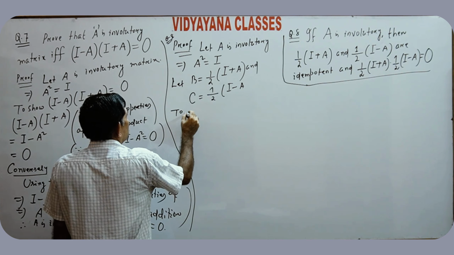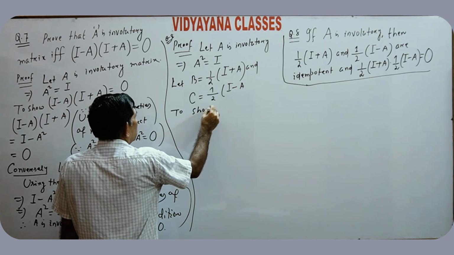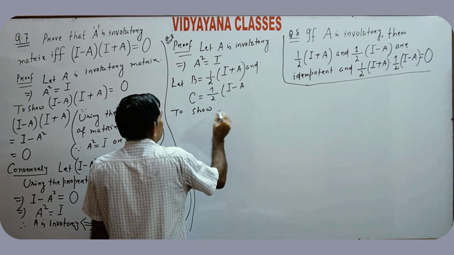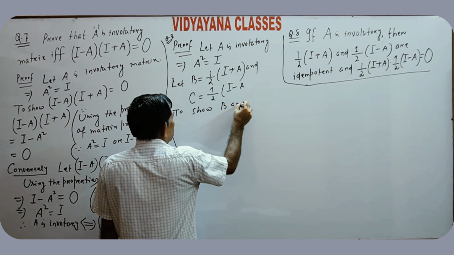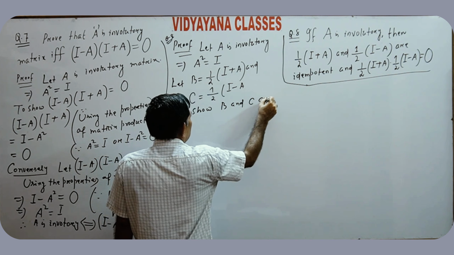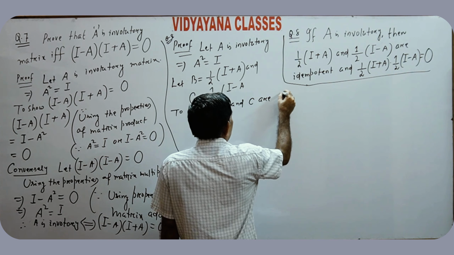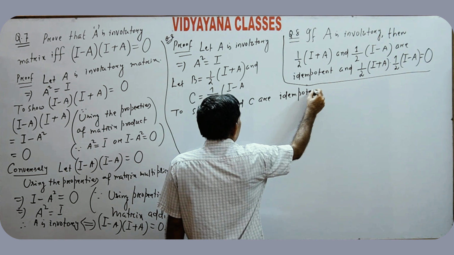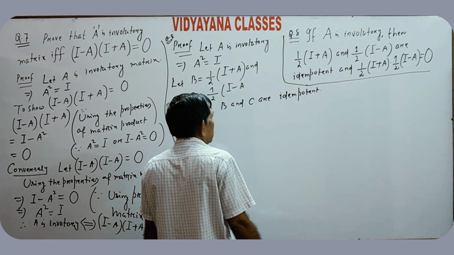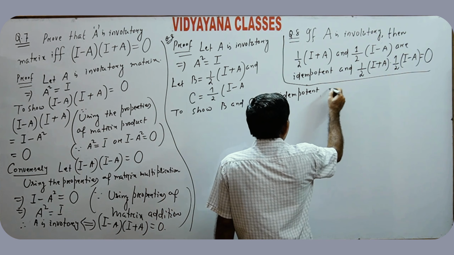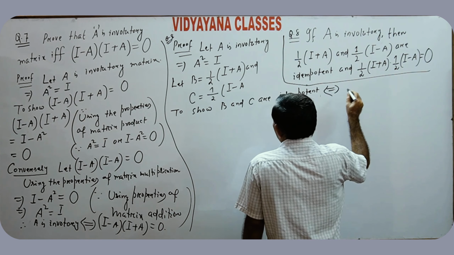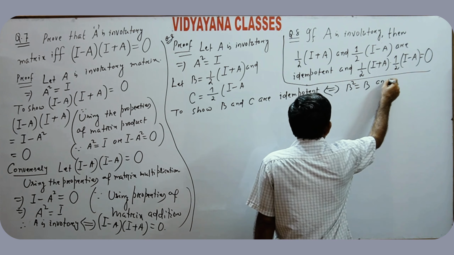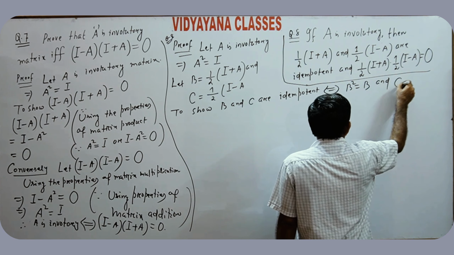To show B and C are idempotent, we need to show B square is equal to B and C square is equal to C.